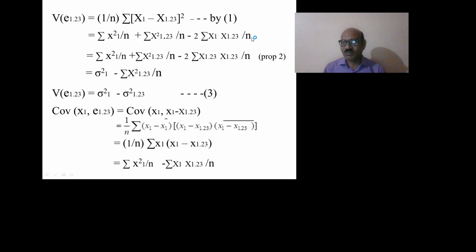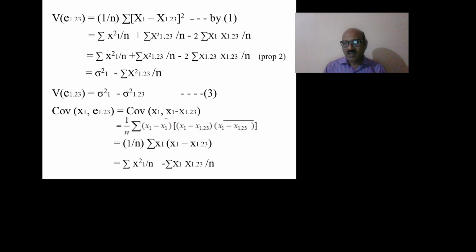The first term is kept as it is, the second term is kept as it is. For the third term, we know the property that if the secondary subscripts occur in the secondary subscript of the other residual, then you can omit them. So omitting them, we get this expression as x1 into x1.23.